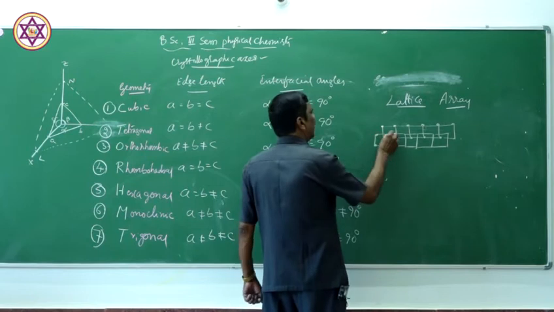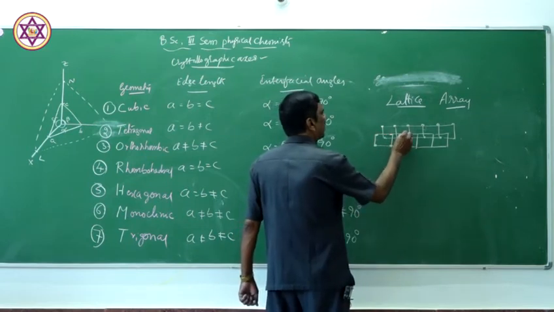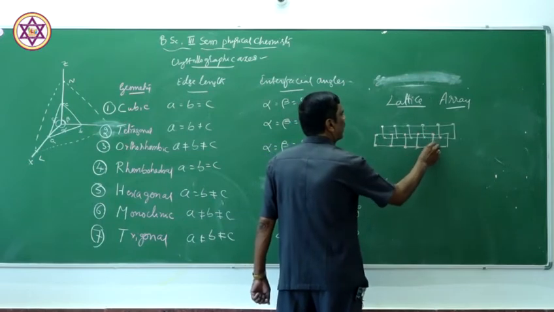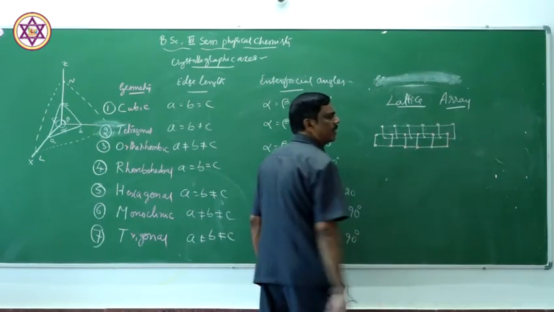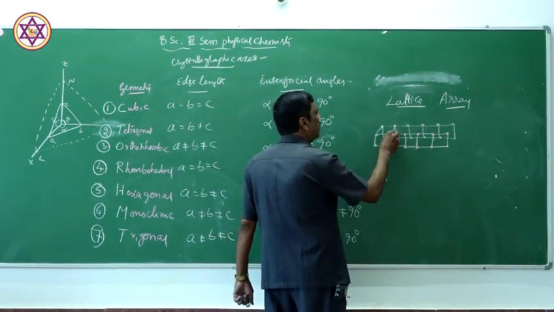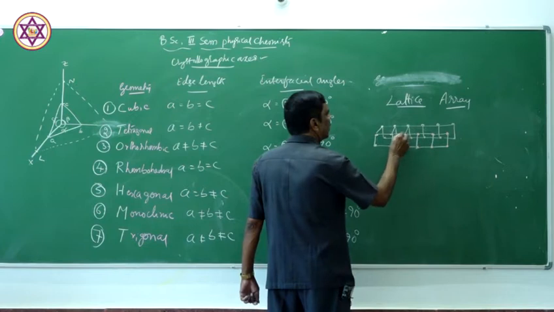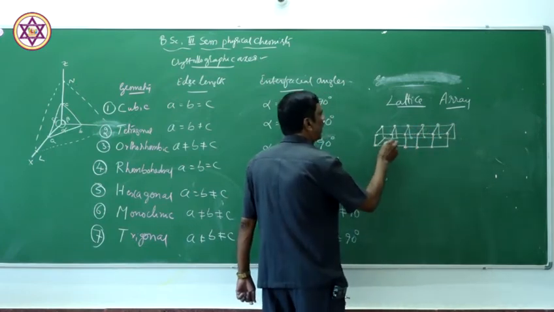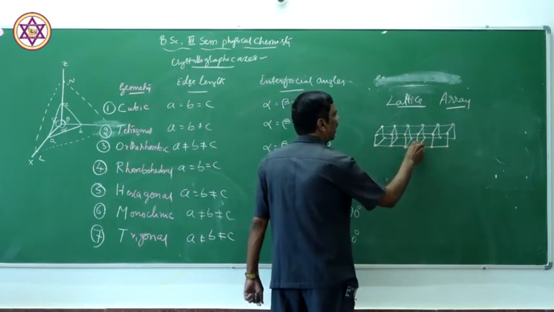I will write this plane here. This is the second plane, second array, second lattice plane in a crystal. Now, if you take a 3-dimensional plane, it is arranged like this. You see, a 3-dimensional array.